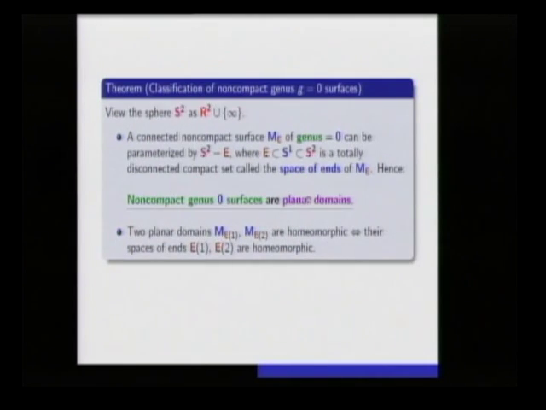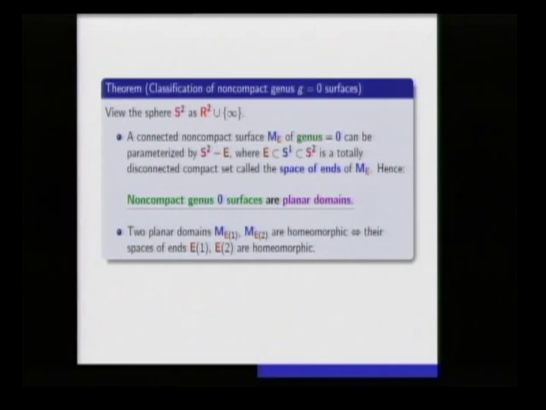Okay. So if you have a genus 0 surface, then it can always be parameterized by, or is diffeomorphic to, the two-sphere with a closed, compact subset removed that's totally disconnected. So it has no curves in it.